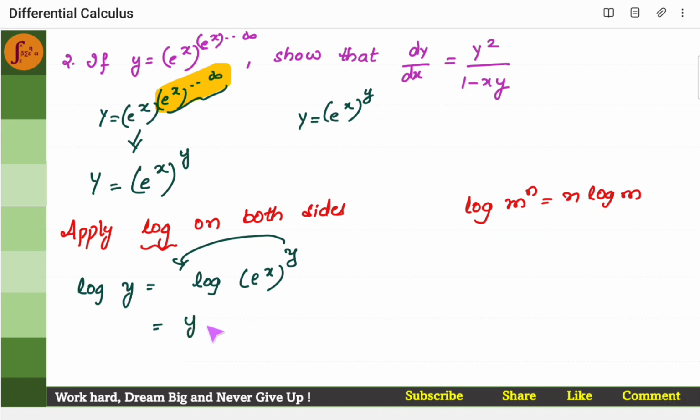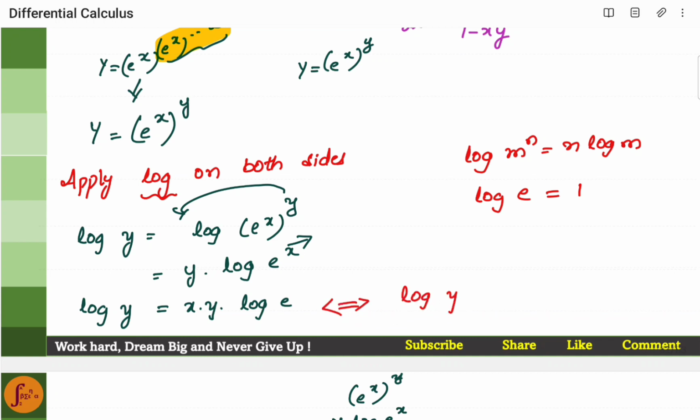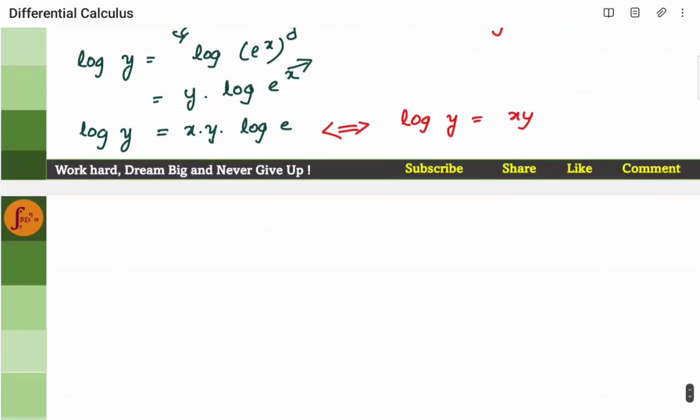It will become y into log e to the power x. Again there is power here also, so I can use the same property and bring x this side. It will become x into y into log e. Now log e is 1, remember always. So this is equivalent to log y is equal to xy into 1, which is xy. So I get log y is equal to xy.